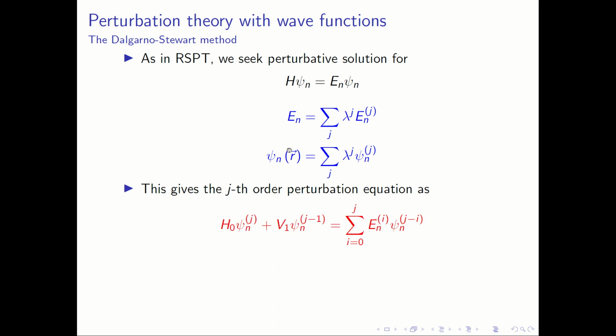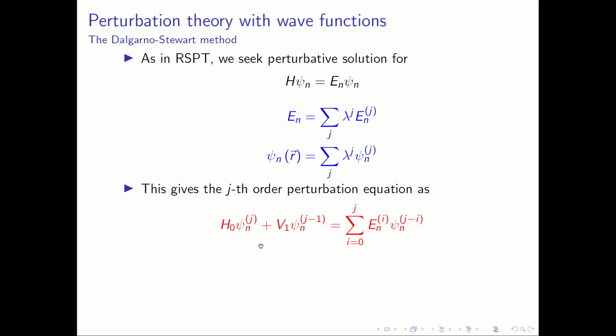When you plug this into the Schrödinger equation and keep track of the powers of lambda, we get the jth order perturbation equation, as we did earlier in RSPT, in this form: H0 psi nj plus V1 psi n(j minus 1) equals a sum over i of Eni psi n(j minus i).